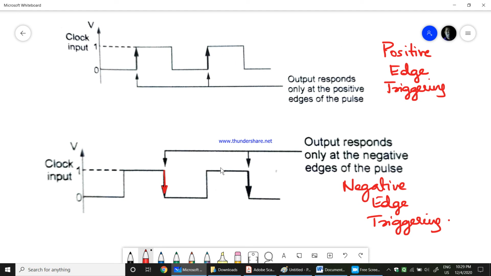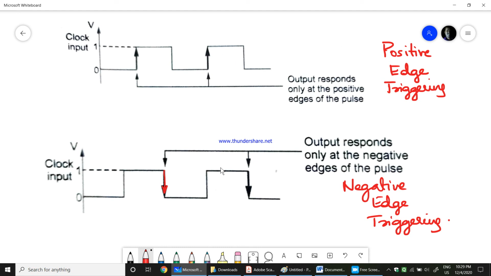Then we saw a simple SR latch, how it works and its operation for different conditions of S and R. And then we saw an application of the SR latch by discussing switch debouncing, which is created to avoid the bouncing effect of a switch by connecting the switch to the SR latch.